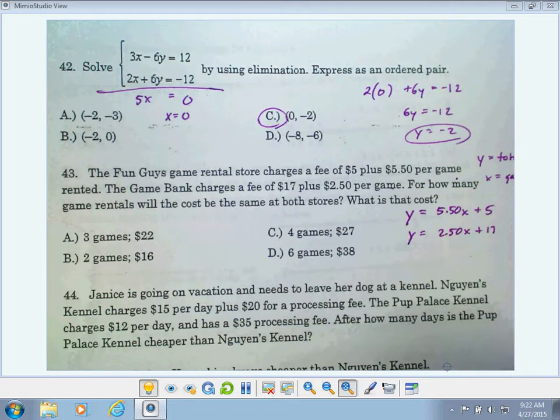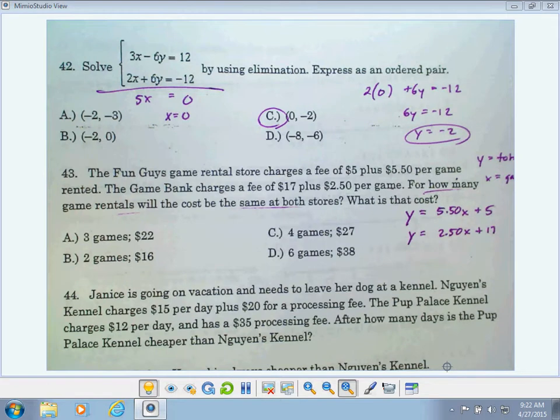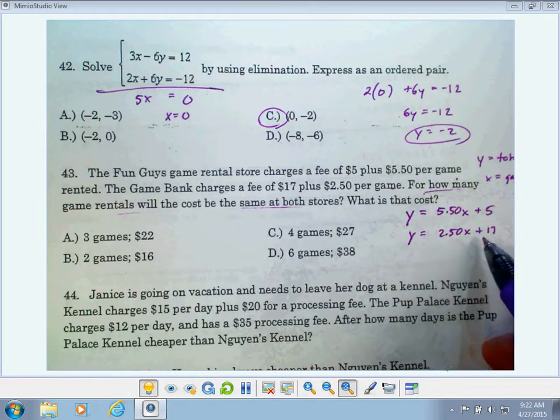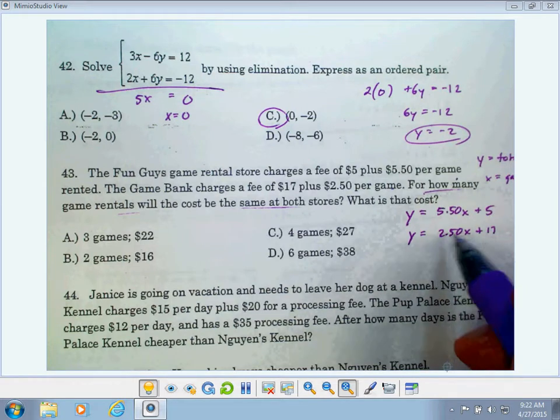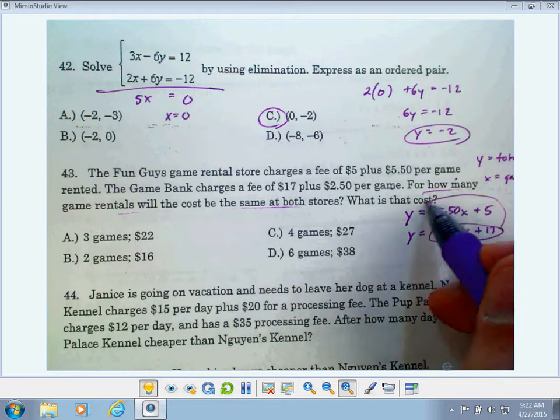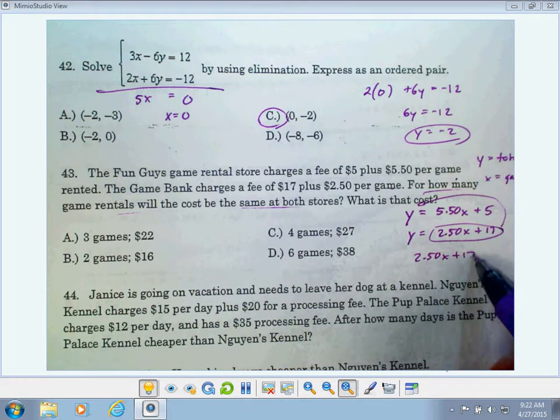It wants to know, for how many game rentals will the cost be the same? Well, what we're saying is if y is this and y is this, we want to know when these two things equal each other. What I would suggest is take this one and stick it where the y is in the other one. It would be 2.50x plus 17 equals 5.50x plus 5.